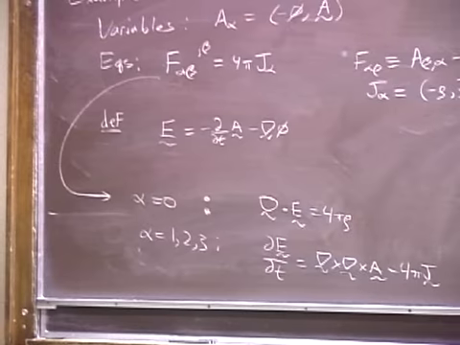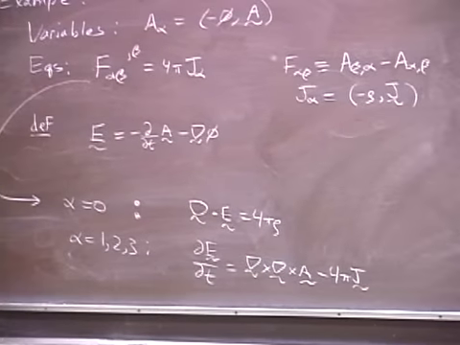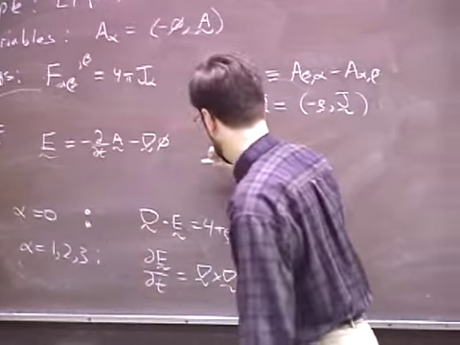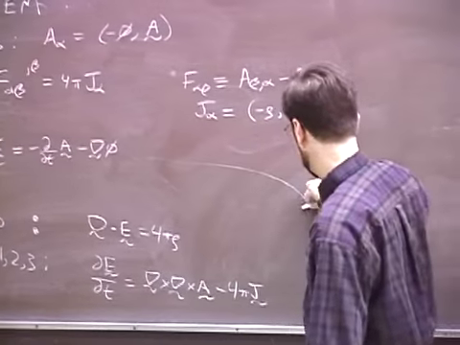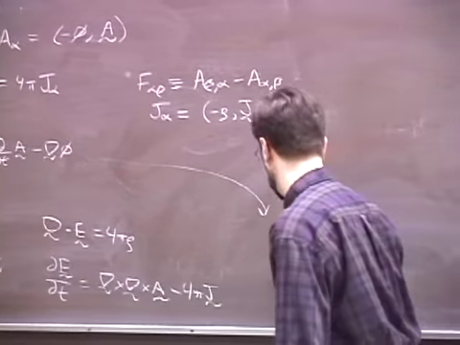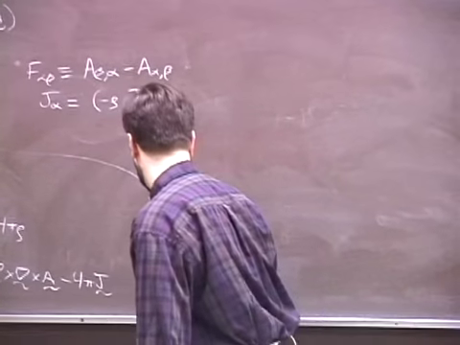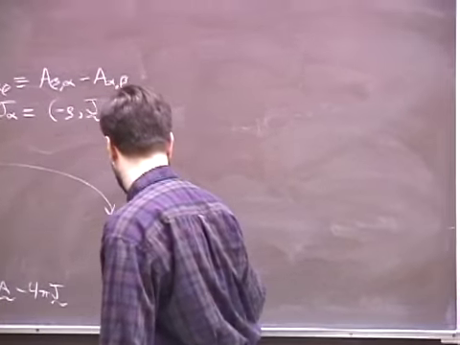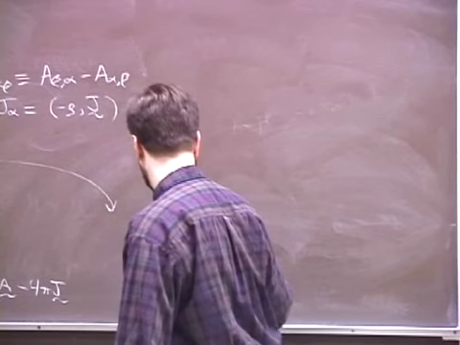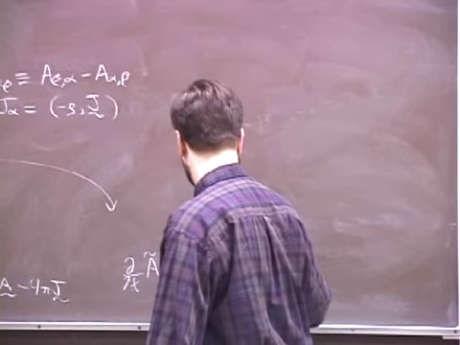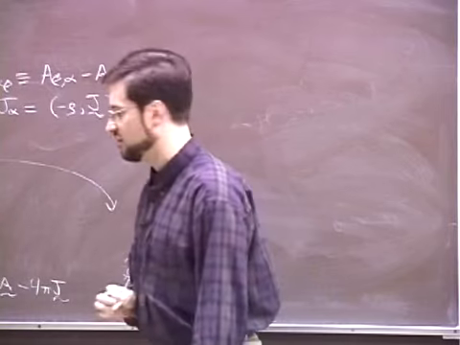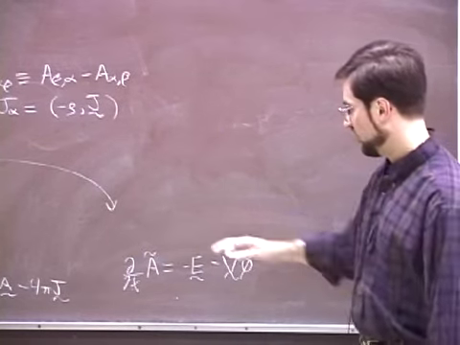And if I want to sort of complete the system, let me just copy this equation over here, but change it around a little bit. d by dt of A is minus E minus grad phi. So that's still the definition.